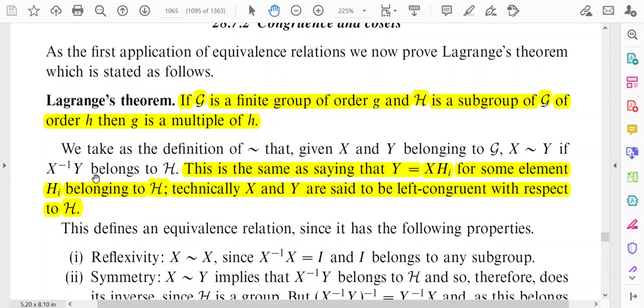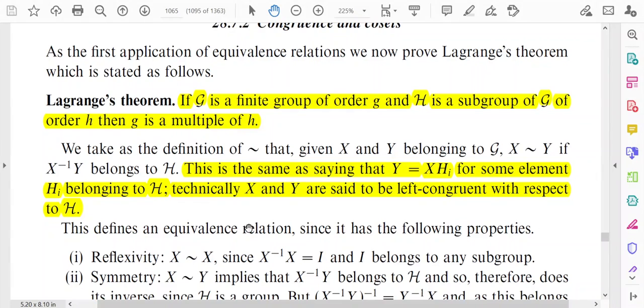Now, saying x inverse y belongs to H is similar to saying that y is equal to x into Hi, because x inverse y is contained in H. You take any element Hi. Since x inverse y belongs to H, y is equal to x into Hi for some element Hi belonging to H. So, this is equivalent.